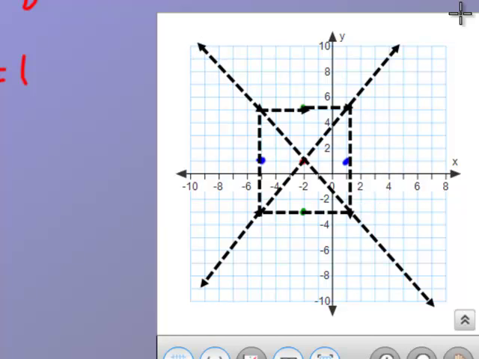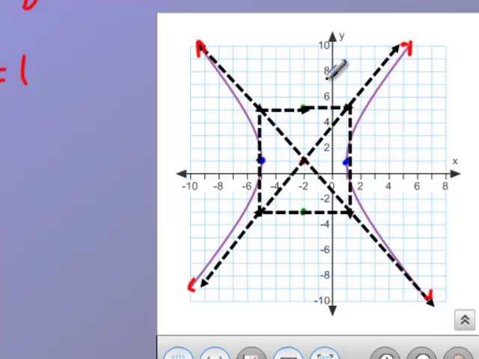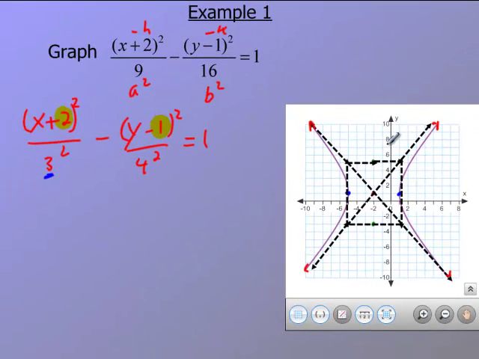But for our purposes, this will work. Okay, now that I have that, all I have to do is go ahead and graph it. And just like so, it goes through our vertices and follows along our asymptotes, and it works out nicely. So that's how we can graph a translated hyperbola.